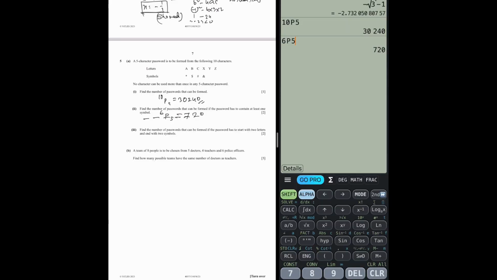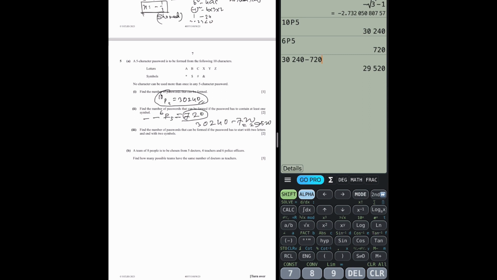So first I have got 10P5, 30240. So without any symbol it is 720. Let me subtract 30240 minus 720. Okay, so our answer becomes 29520.